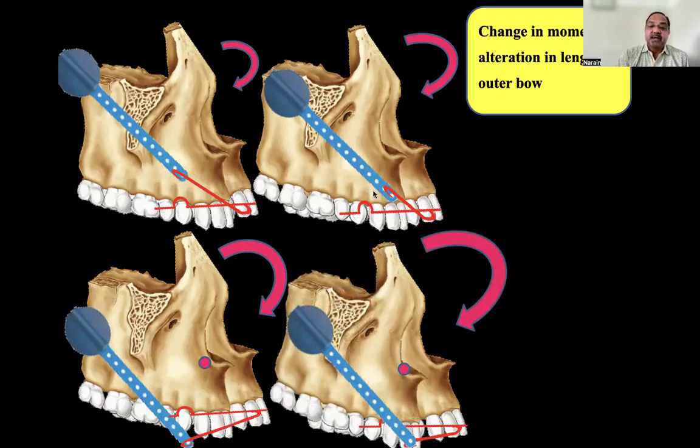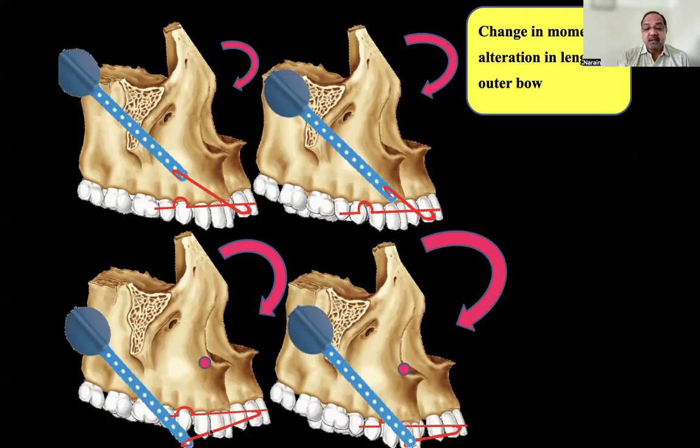So in the first two cases, you have a long outer bow, a short outer bow. Both are above the occlusal plane. So as the distance increases from the center of resistance, the moment keeps getting larger. Here again, I'm having both the outer bow here and here below the occlusal plane.